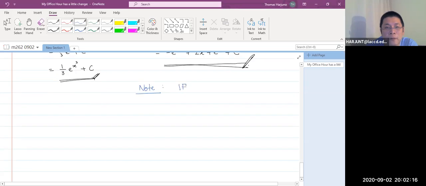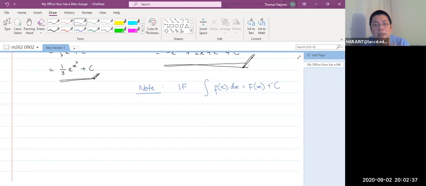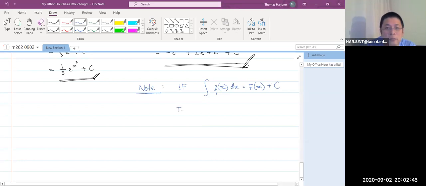If the integral of f(x) dx equals capital F(x) plus constant, so if capital F(x) is the antiderivative of lowercase f(x), then what happens to the integral of f(ax) if you have a coefficient for that x?